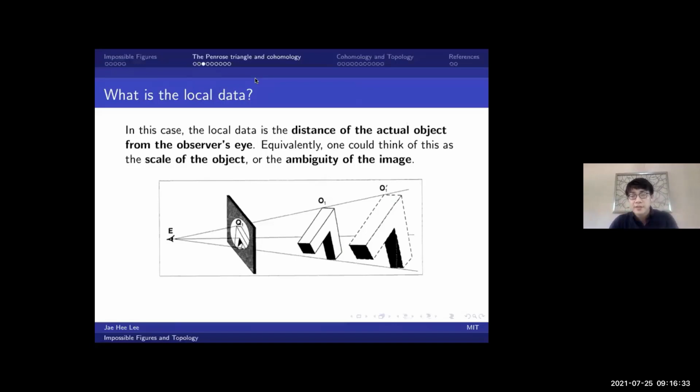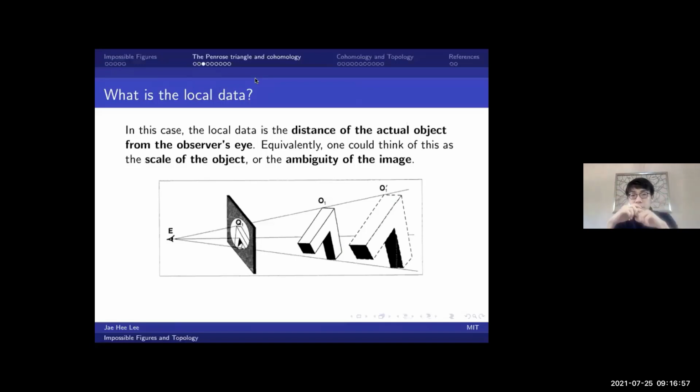So if you have these kind of similar objects that differ in scale and distance proportionally from the observer's eye, then you will soon notice that their projected image on the screen in which you're drawing this figure, or in which you're observing this kind of a 2-dimensional image, they will project onto the same image.